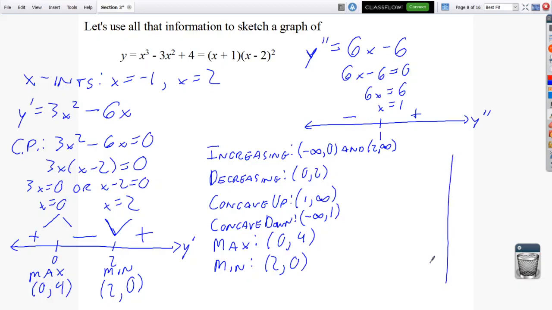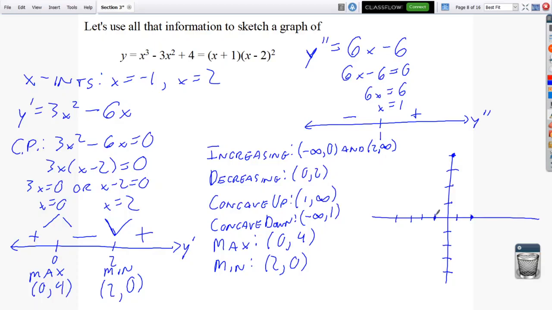But if I look over here and try to draw my graph now, I happen to know that I've got two zeros at -1, 0 and at 2, 0. Even further, I happen to know that I have a maximum value at 0, 4, and a minimum value at 2, 0.